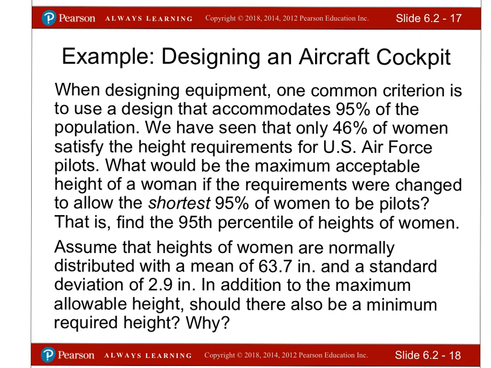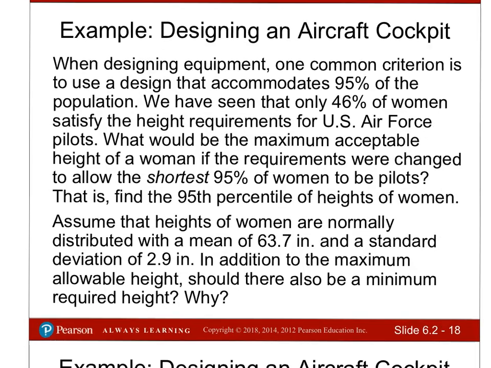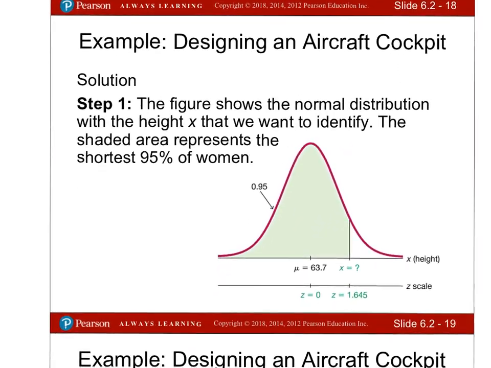All right. So here's how this works. First thing, we draw the picture, right? And you can see the picture there. Let me draw my version. It's going to look the same.